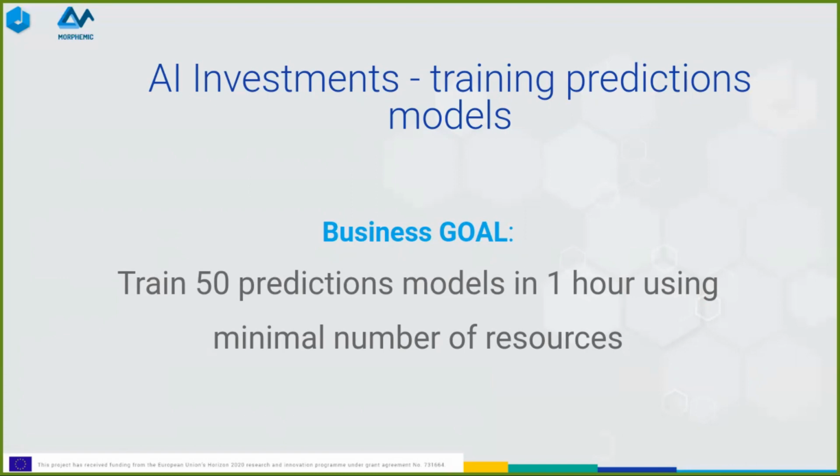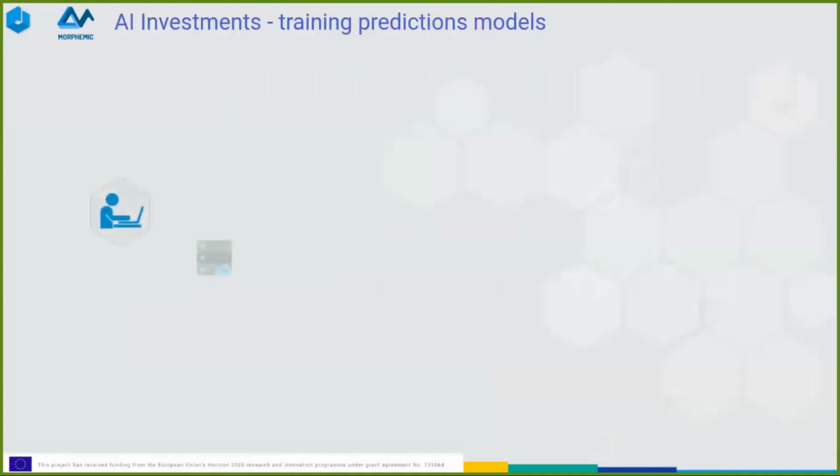A typical business goal for AI Investments is to train, for example, 50 prediction models in, for example, 1 hour using a minimal number of resources. And how is AI Investments using Melodic?